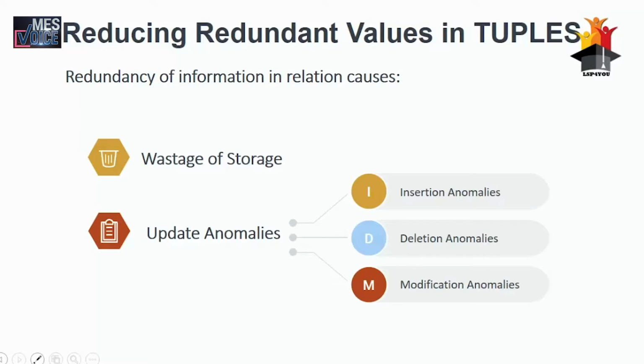Redundancy of information in a relation causes wastage of storage and update anomalies such as insertion anomaly, deletion anomaly, and modification anomaly. Because of duplication of data, there is wastage of storage space. We'll consider an instance of the employee department relation, which is used to store the information about employees working in a particular department.